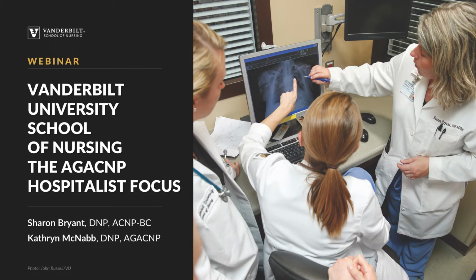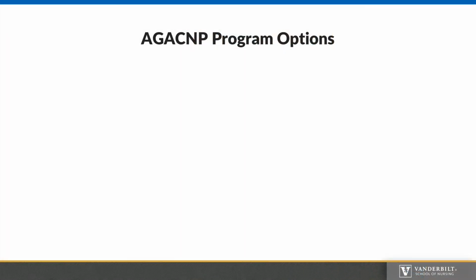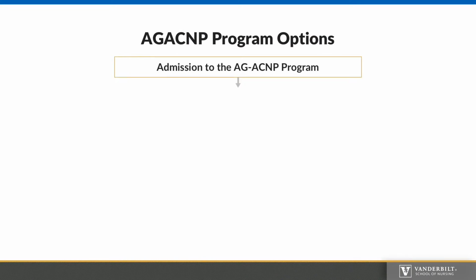The Hospitalist Subspecialty Focus is intended for those students who wish to have a career in hospital medicine. As we go through this presentation, we will present to you both the didactic and clinical components of this subspecialty focus. Students must first be admitted to the AGACNP program.